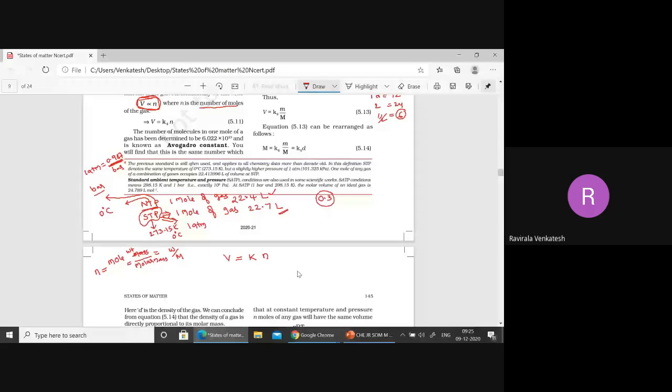So moles is the weight of the gas divided by the molar mass of the gas. For example, for nitrogen the molar mass is 28, and take the weight as 1 gram. Now in place of n, substituting here: V is equal to K into W by M, where M is the molar mass.